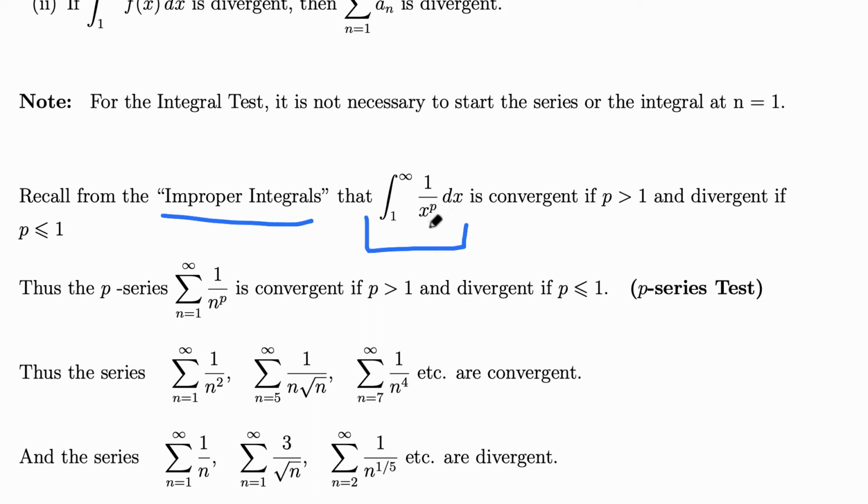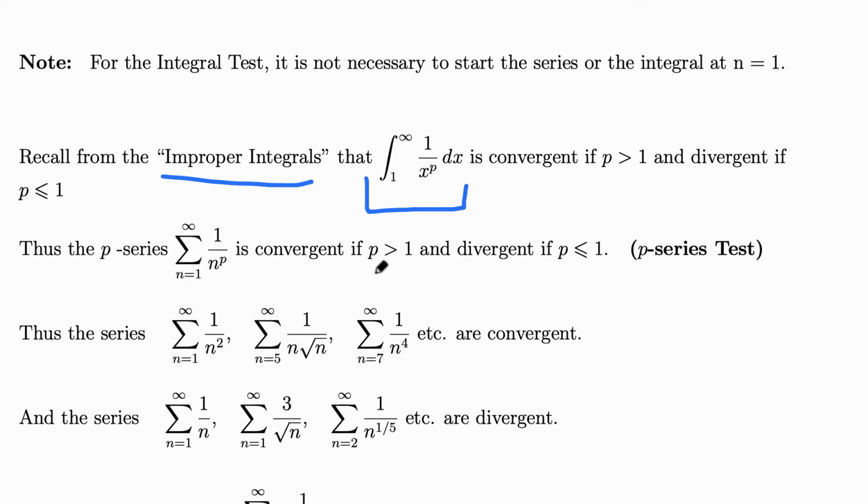So we have only x raised to p, and if this p is bigger than 1, then this improper integral is convergent. If p is less than or equal to 1, then this improper integral is divergent. We saw that last time.